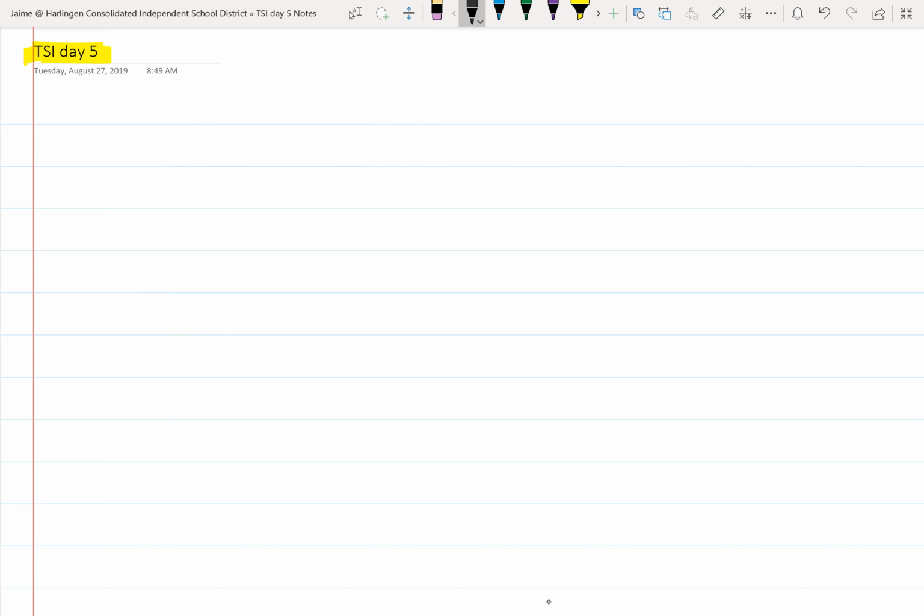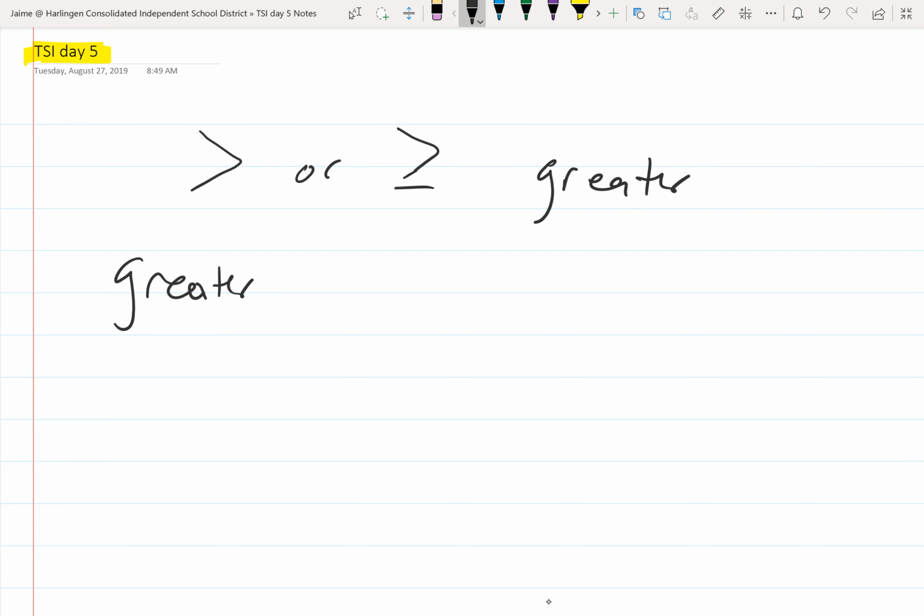Now, the shading part. If you graph this symbol or that symbol, this means greater than. And this means greater than or equal to.